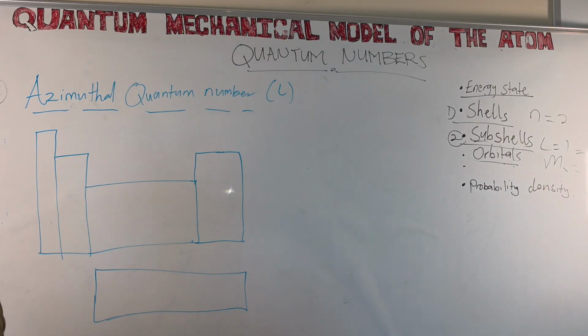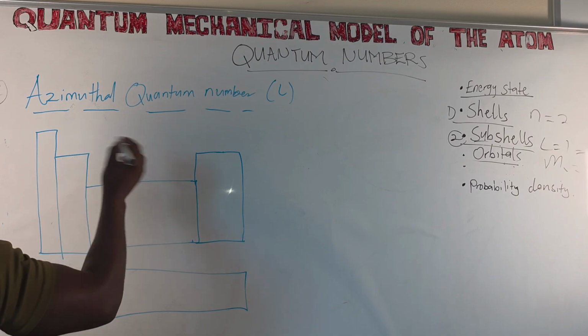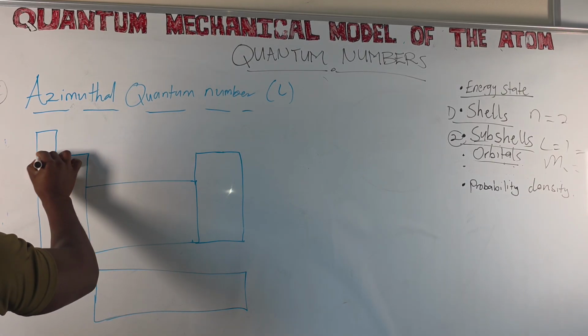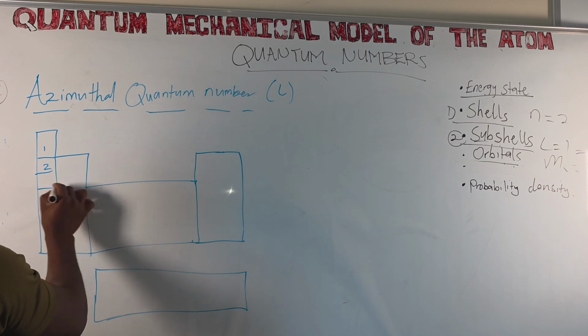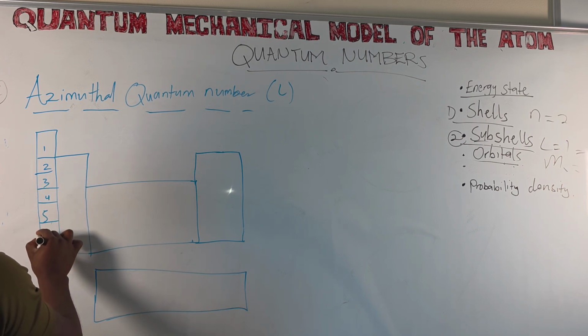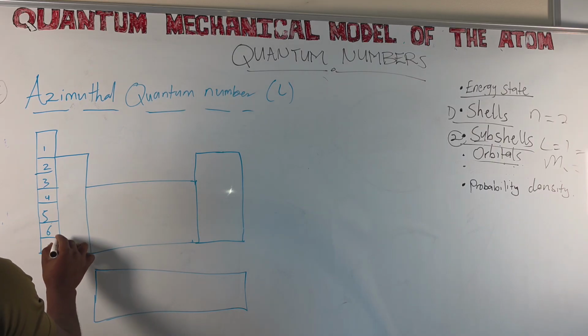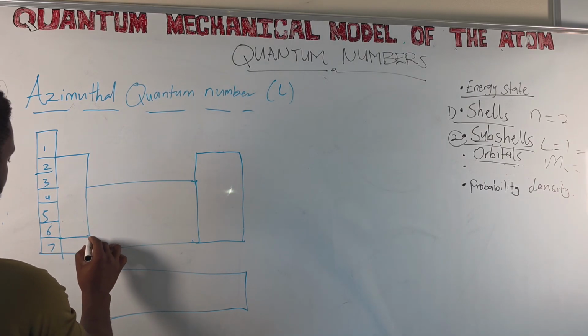There are 7 divisions. We will do the periodic table in the next chapter, but for now this is 1, 2, 3, 4, 5, 6, and then 7. It goes on like this all the way.